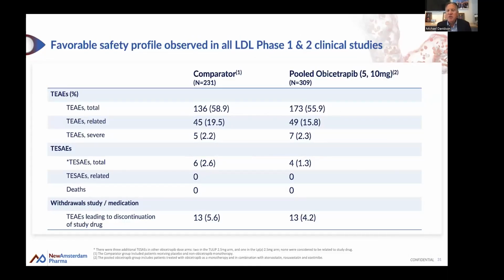I mentioned already, the drug is very well tolerated. We don't see any difference in side effects between the pooled obicetrapib and the placebo comparator for any of the side effects. In fact, we see lower withdrawals overall versus placebo with obicetrapib in our phase 2 trials, and very excellent adherence in the phase 3 trials so far.